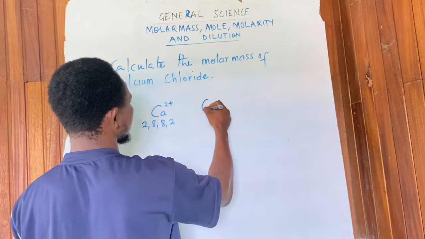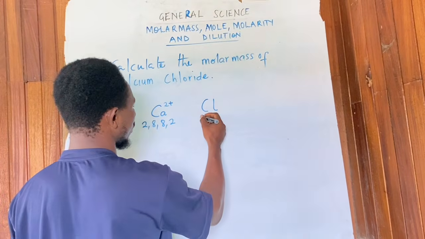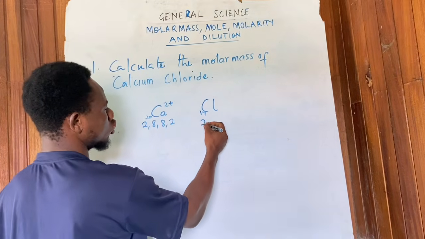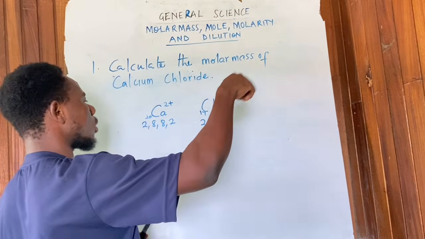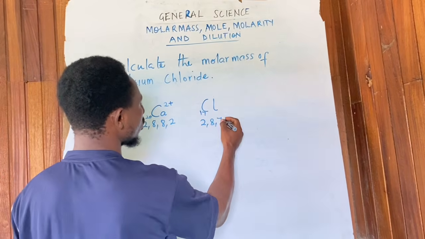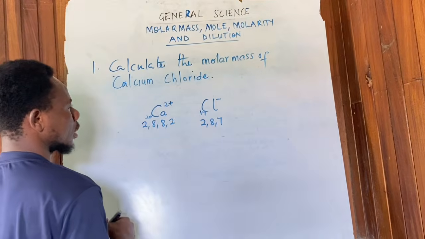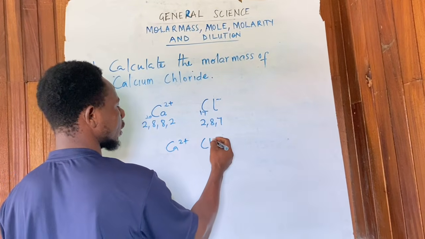Now, chlorine on the periodic table is element number 17. So 20 and 17. Chlorine is 2, 8, 7. Chlorine needs 1 more electron in order to be stable, so chlorine will take 1 to become negative. So we get Ca2 plus and Cl minus.